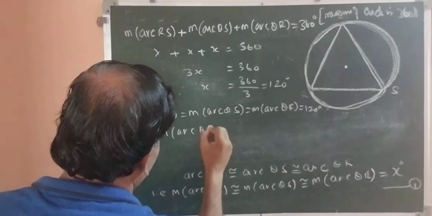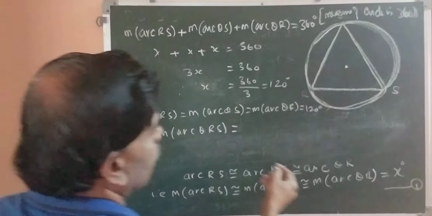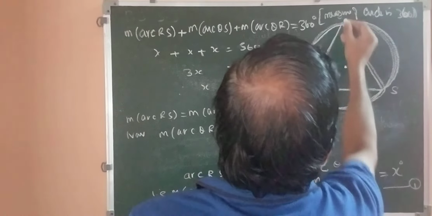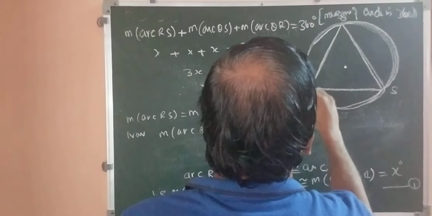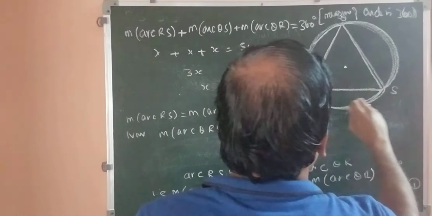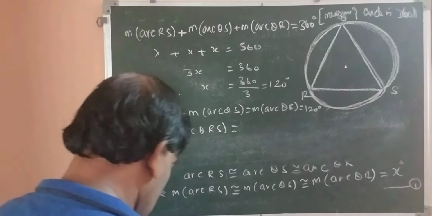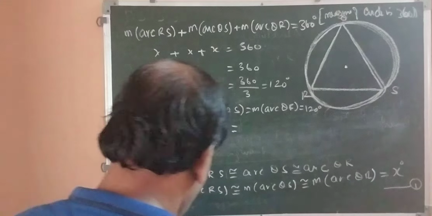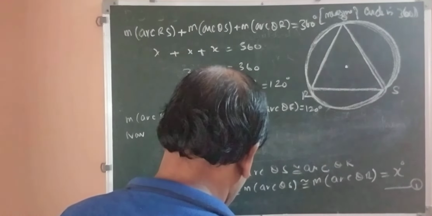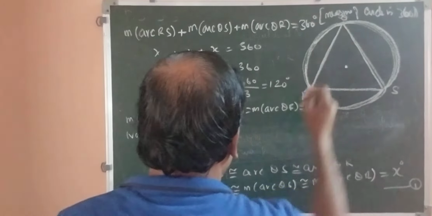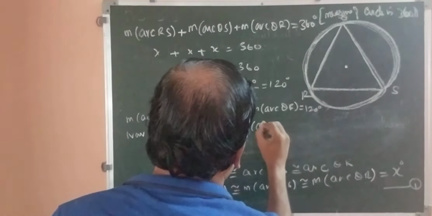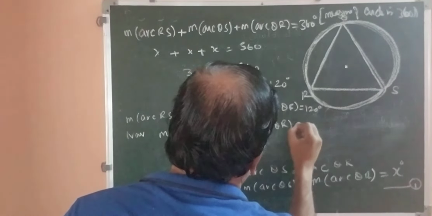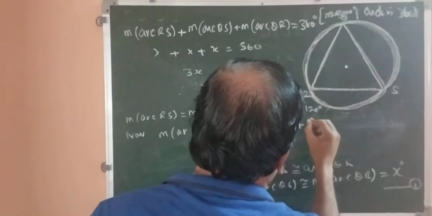Measure of arc QRS equal to, this is Q, no? QRS means what? Measure of arc QRS means what? Measure of arc QR plus measure of arc RS.